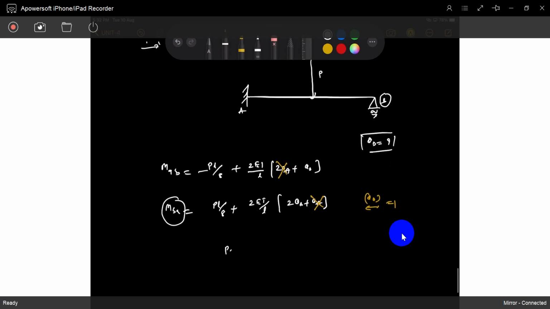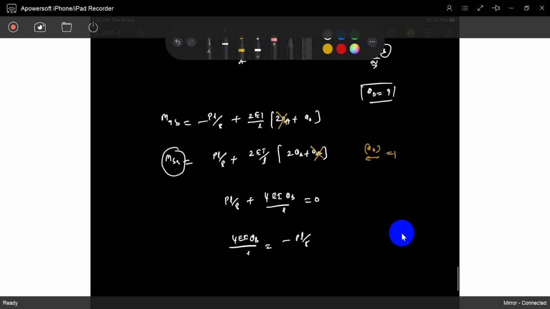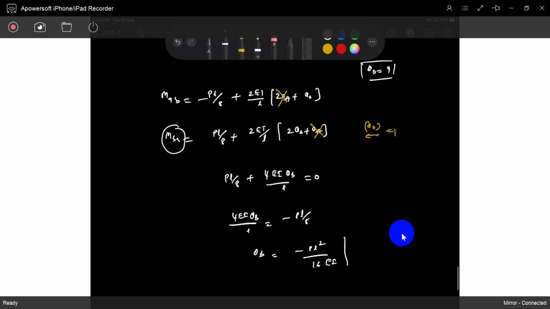It is 0 means PL by 8 plus 4 EI theta B by L is 0. So what is theta B? Theta B is minus PL square by 16 EI.